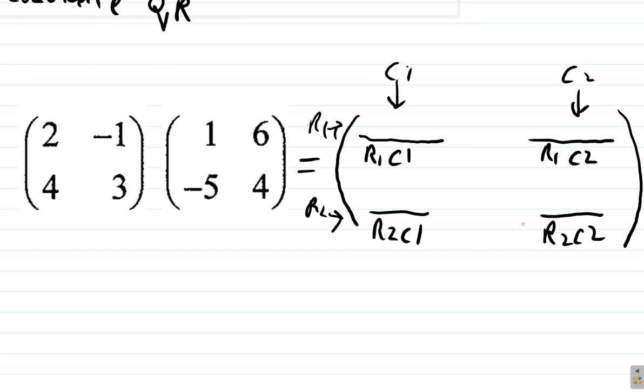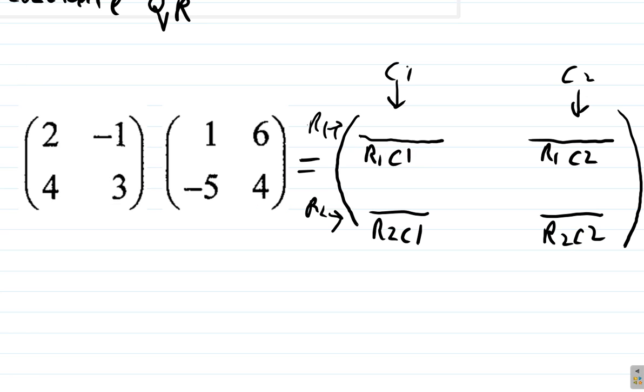Whatever you write above these lines will be row 1, column 1. This is in row 1, column 2. This is in row 2, column 1. Row 2, column 2, right? So, there you go. To get this, you're going to multiply row 1 by column 1.